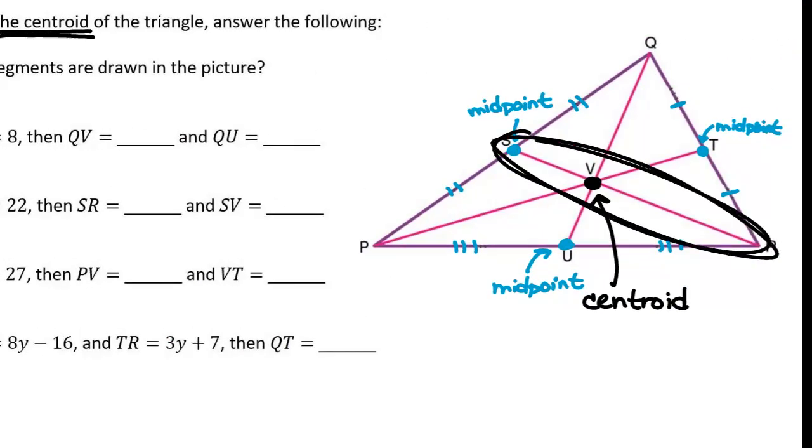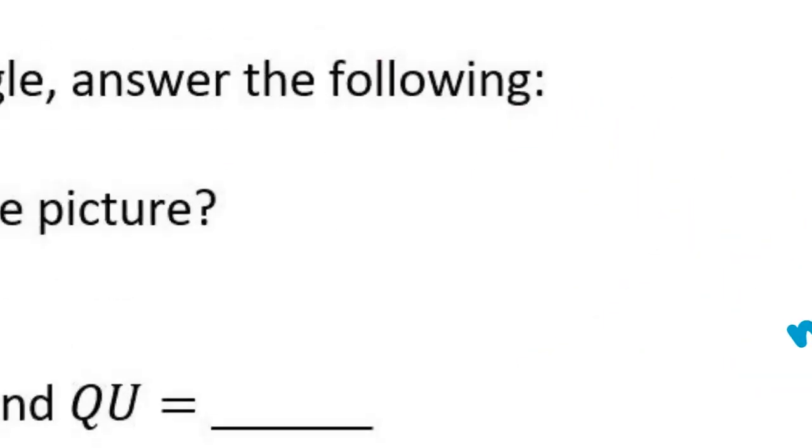What do we call this segment that goes from a corner to a midpoint on a triangle? What do we call the segment that goes from a point to a corner? A median, yes. These are all medians.